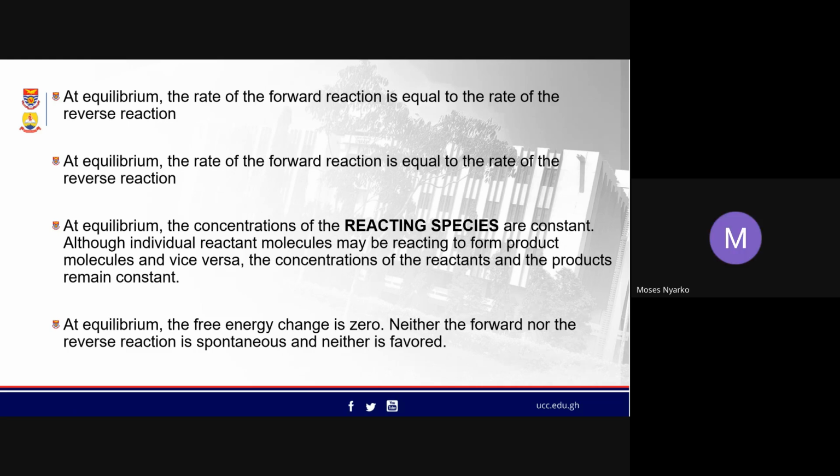For example, I start a reaction using 6 mole per dm cube. Then it decreases, and at, say, 2 mole per dm cube, it is not decreasing again. Now I check the concentration of the product and it is 4 moles per dm cube.